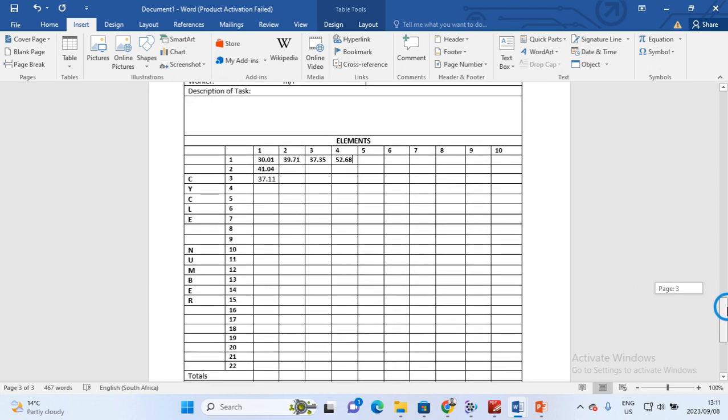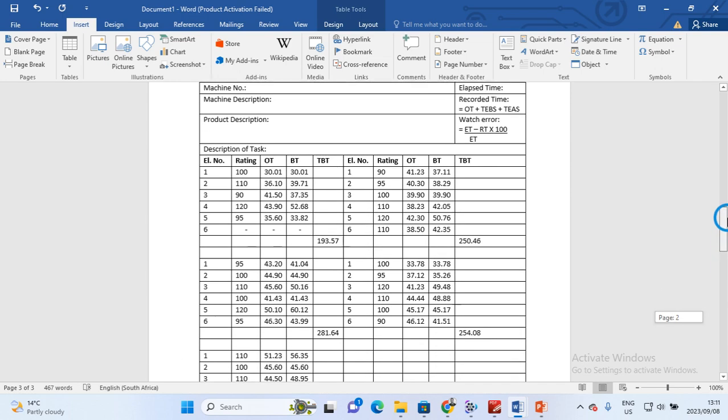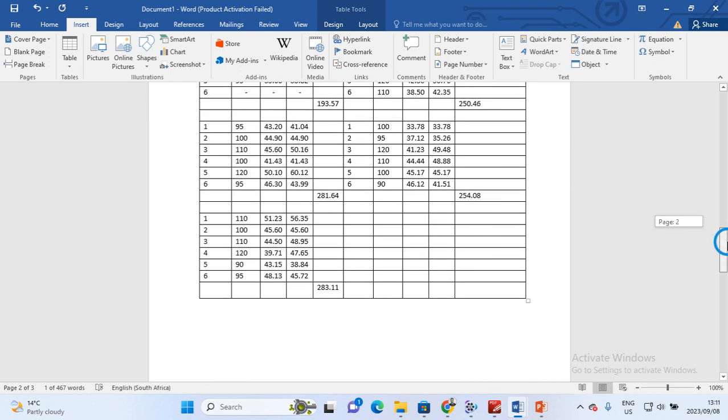Now, for you to find your total, obviously, you just have to sum your elements in your first row, and you will get your answer. Let's fill up everything in our first row. We are on cycle 4, element 1, which is 37.11.